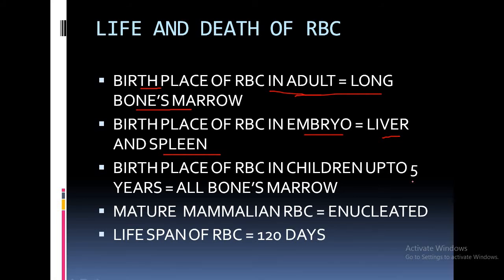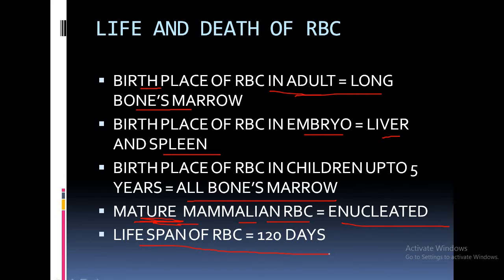The birthplace of RBC in children up to 5 years of age is all bone marrow, whether small or long. Mature mammalian RBC is enucleated, because at the time of birth the RBC has a nucleus, which is why I am mentioning mature. It means without nucleus. The lifespan of RBC is 120 days.